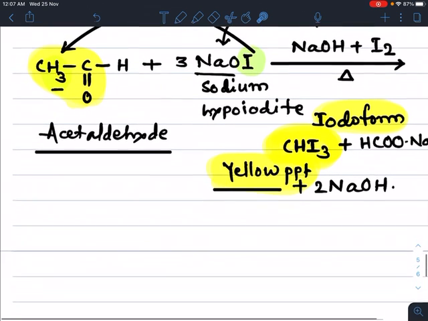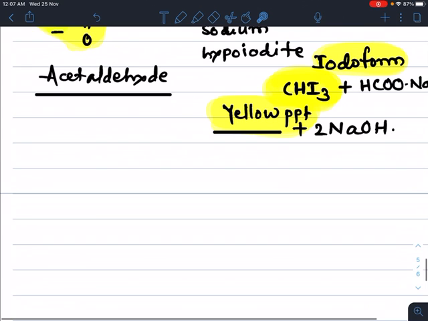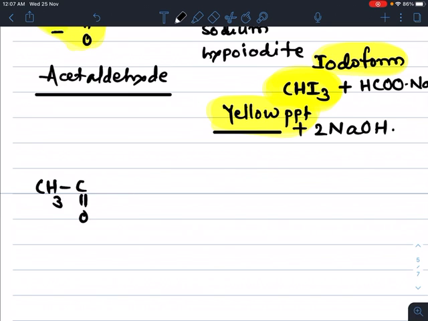If you take a second example, instead of acetaldehyde, acetone, CH3COCH3: if you observe, this ketone has a CH3CO group, so this ketone is useful for the preparation of iodoform.